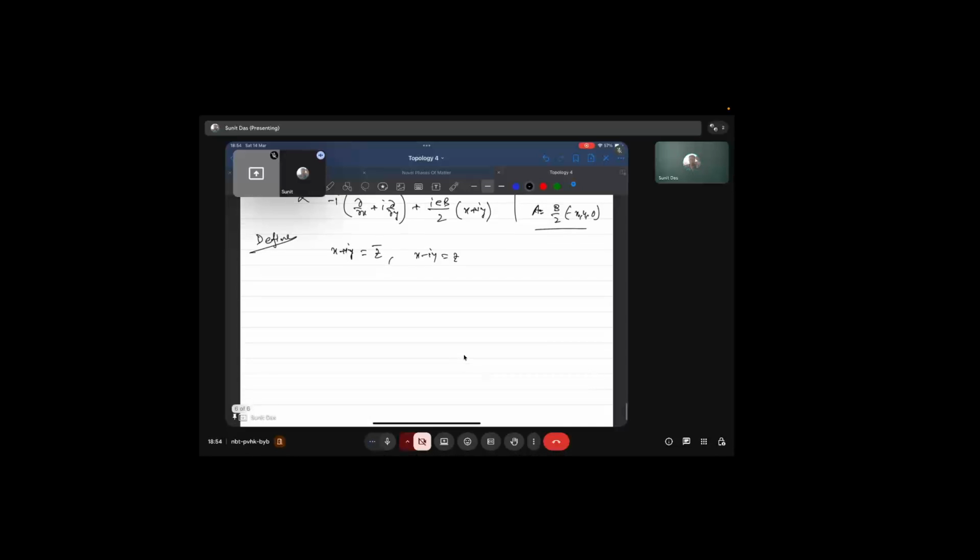Then del z is equivalent to half of del x plus i del y, and del z bar is equivalent to half of del x minus i del y.